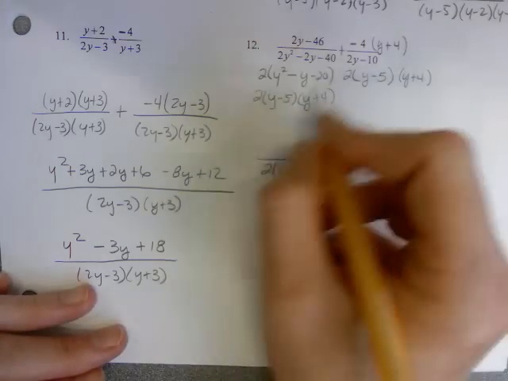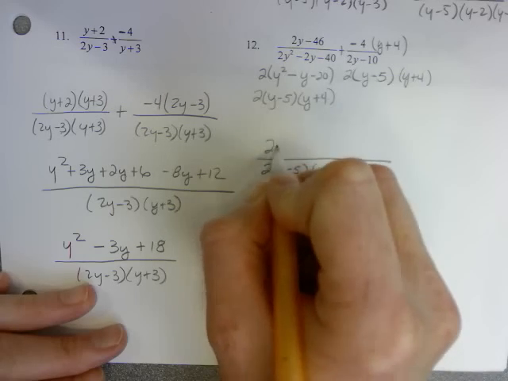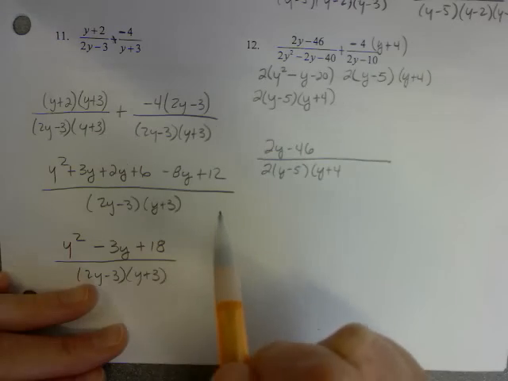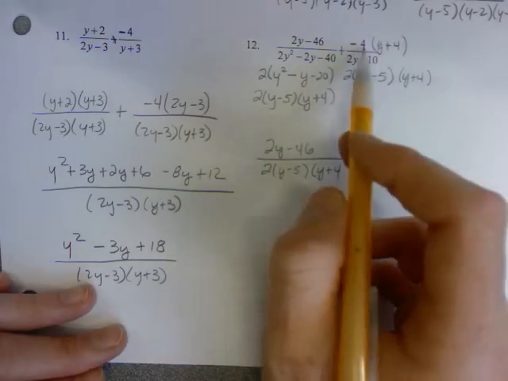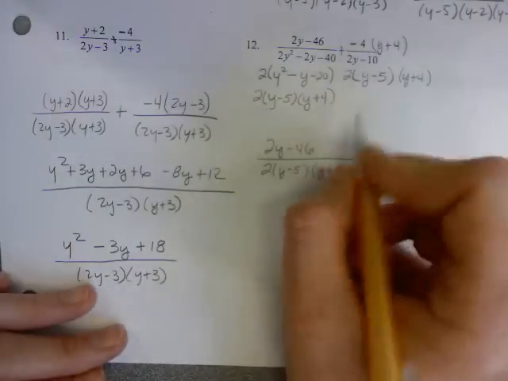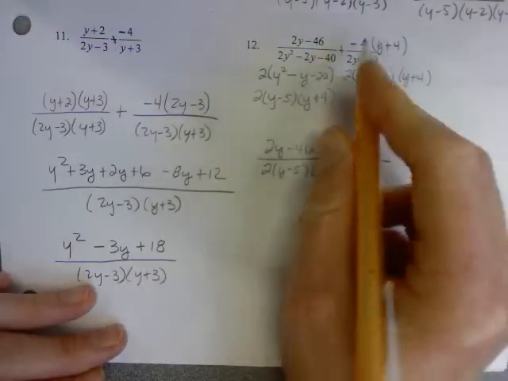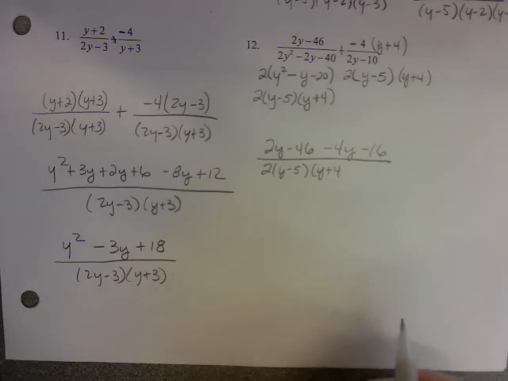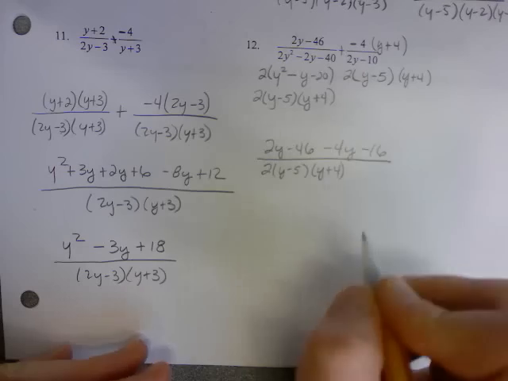And I can just keep my numerator from the first expression because I did not change my denominator here. This one I have to multiply through the negative 4 times the y plus 4, which will give us negative 4y minus 16. I can now combine my like terms in the numerator.